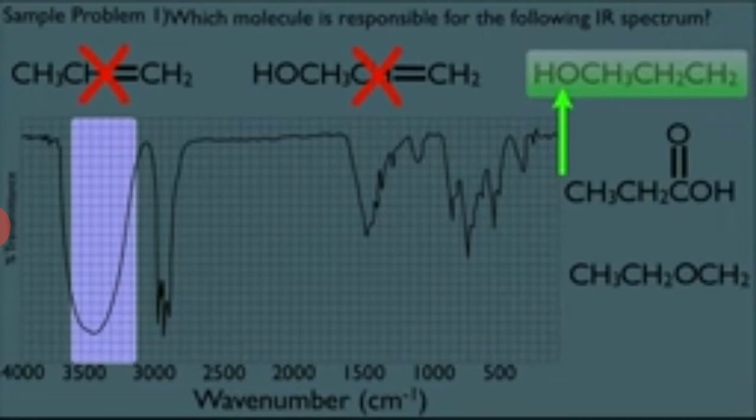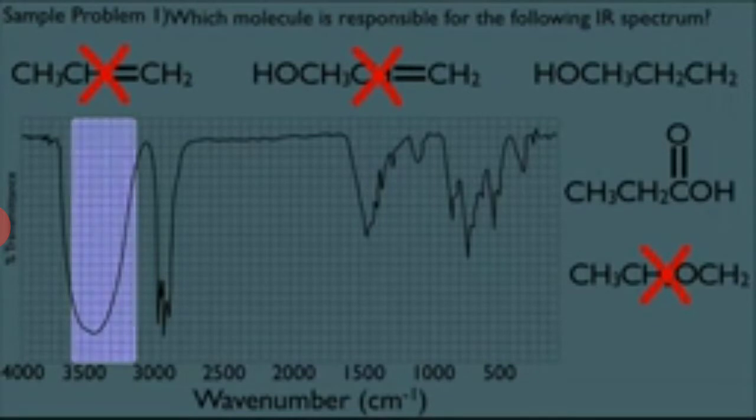So this could be a possible answer, so we will put this compound on hold. Similarly, look at the fifth compound, where we don't have an OH group, so it is not the answer. Now what we have is compound third and compound fourth.